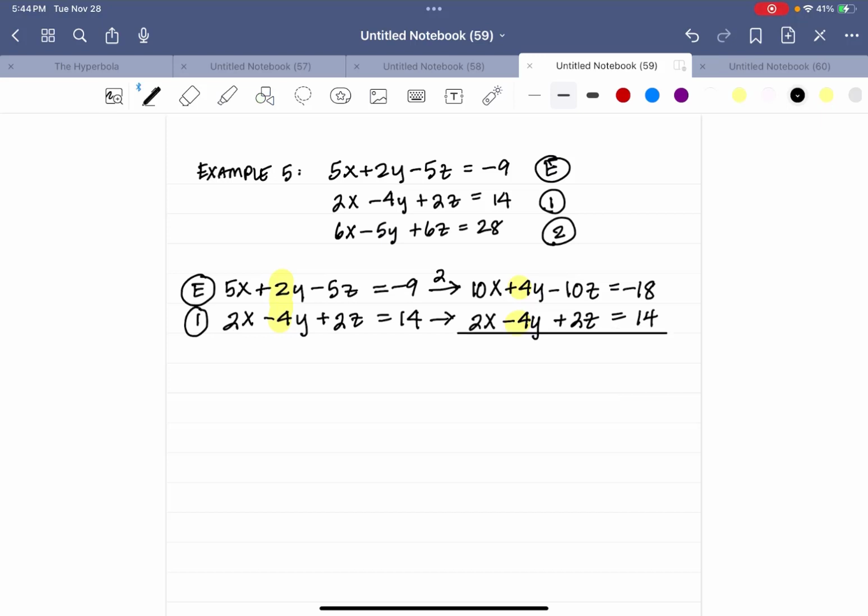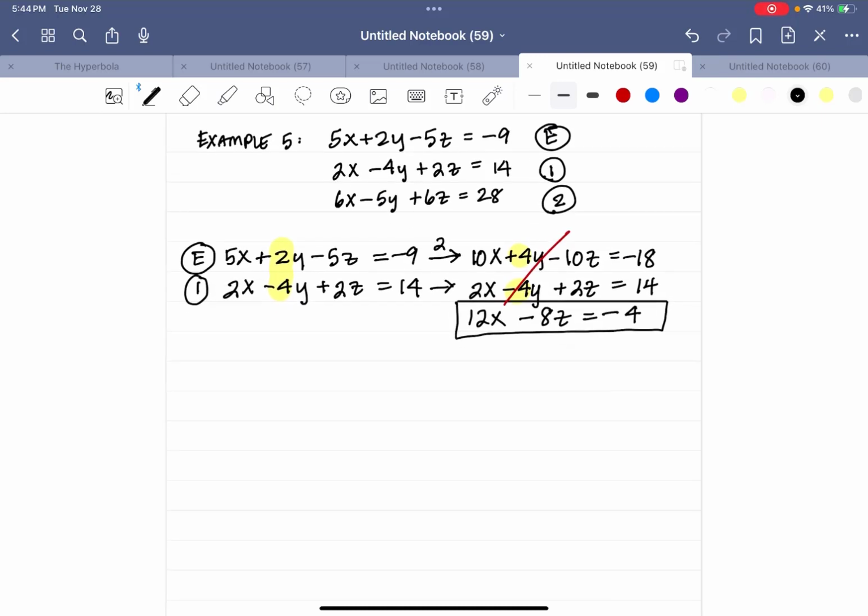Combine these two by adding them. 12x. The y's cancel out. Minus 8z is -4. So look, I now have an equation that has two variables. So I'm just going to leave it there for now and take equation E with number 2.